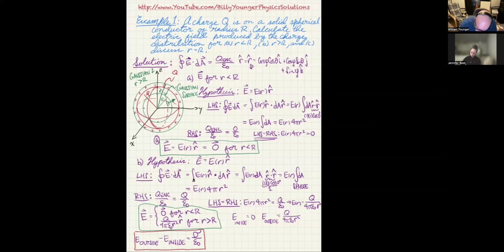If you were to plot this, which obviously we could do very easily, we'd plot the electric field versus R. The magnitude is really all that we care about. But what we'd say is this distance right here is little r, and the electric field would of course be 0 right up till we get to R, and then it's going to happen to be Q over 4 pi epsilon naught R squared at the interface.